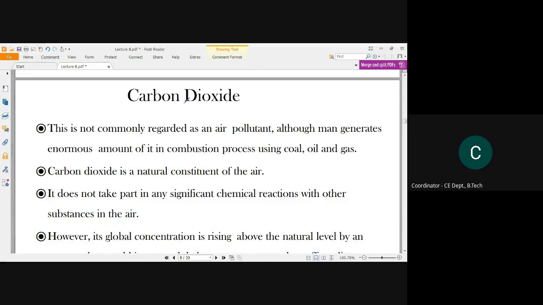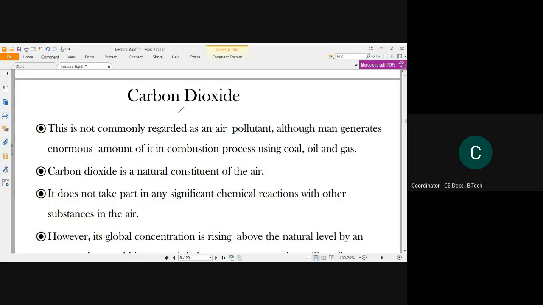there is another component which we have already discussed, which is carbon dioxide. This is not commonly regarded as an air pollutant because we actually use it in our respiratory system.